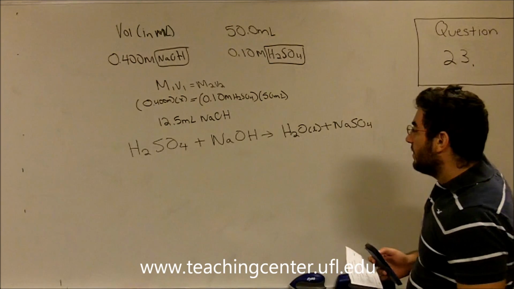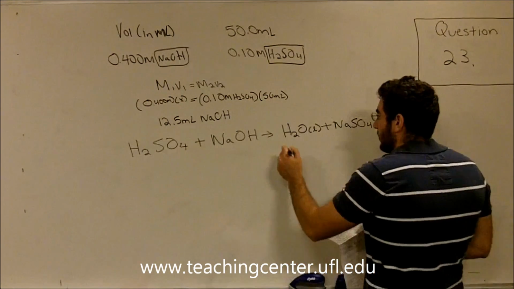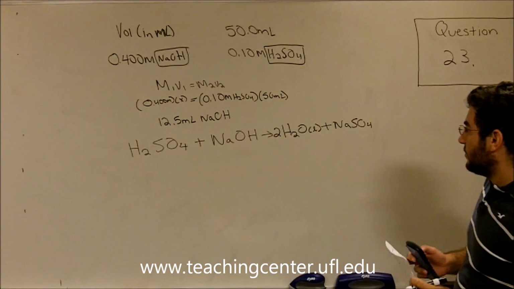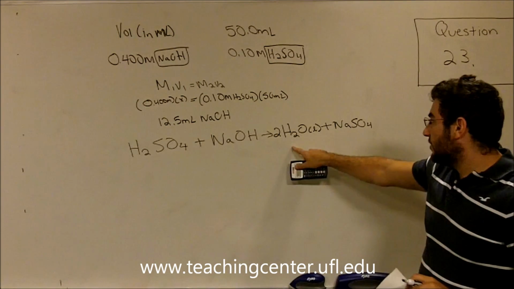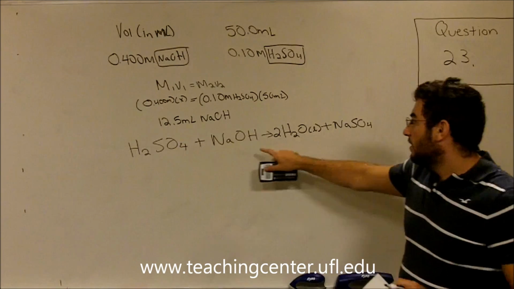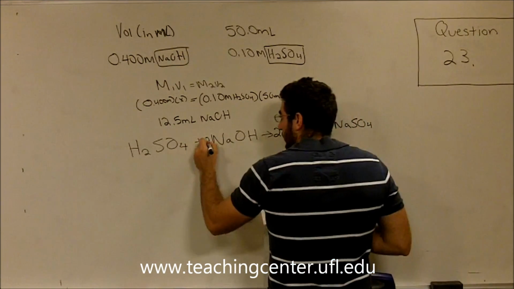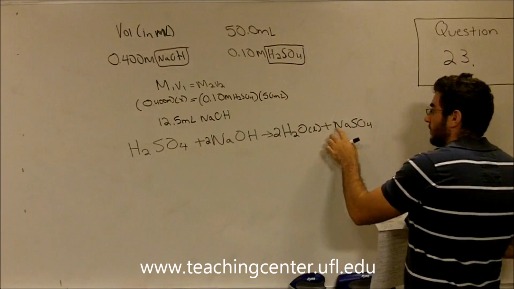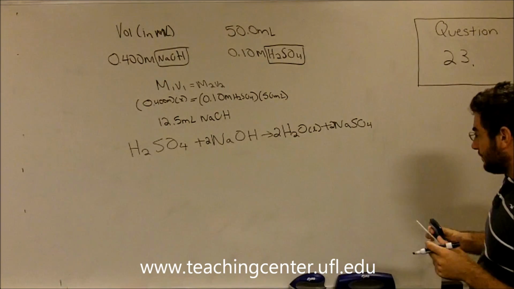Well, we know that the H2O here, we're going to need actually 2 equivalents of H2O. So it's going to leave us with 4 hydrogens, 2 oxygens on this side, plus 4 oxygens. We need 2 sodiums because sodium goes with the sulfate.